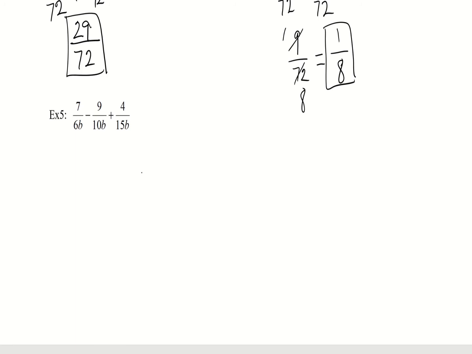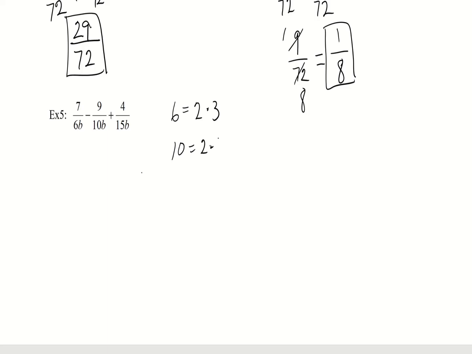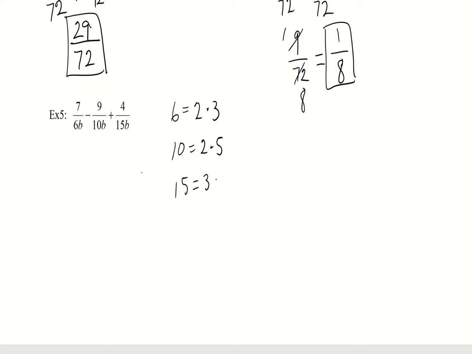So again, we will write this in prime factorization, and it will help us to see this. So the prime factorization of 6 will be 2 times 3. For 10, we have 2 times 5, and for 15, we have 3 times 5.